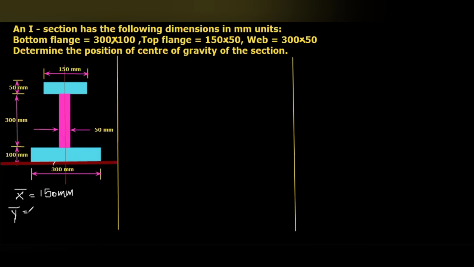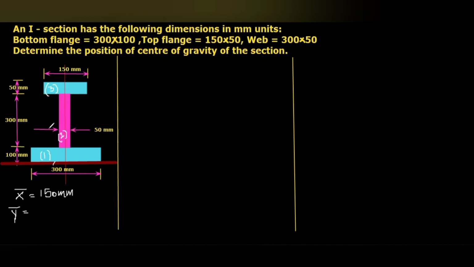Actually here there are three areas: the bottom flange, web, and then the top flange. The bottom flange I am going to take as the first rectangle, the web portion as the second rectangle, and the top flange as the third rectangle.